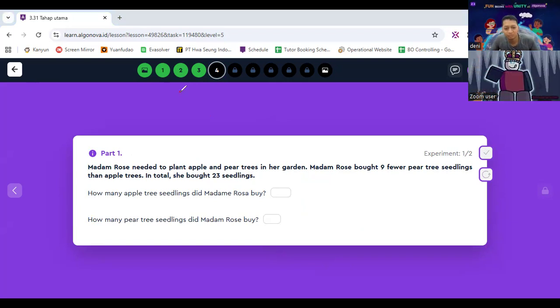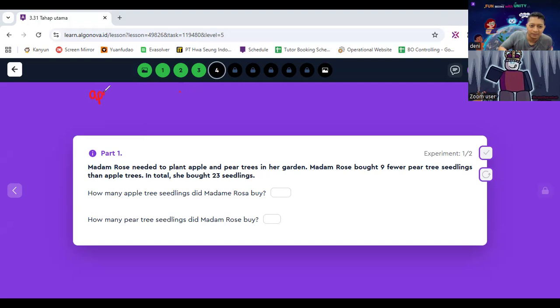Madame Rose needs to plant apple and pear trees in her garden. Madame Rose bought 9 fewer pear tree seedlings than apple trees. In total, she bought 23 seedlings. So you need to create segments to understand this, Akbar.